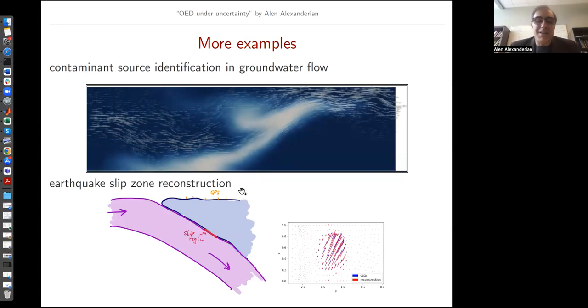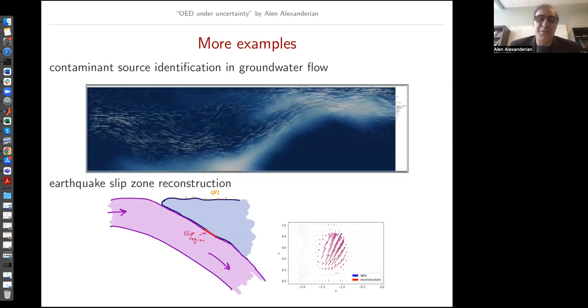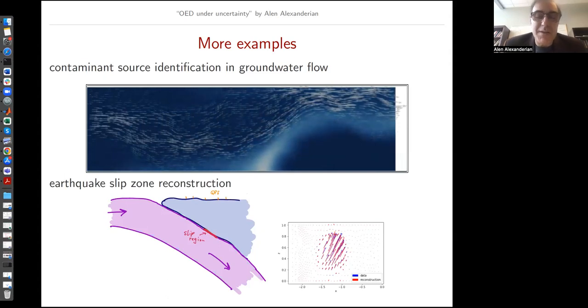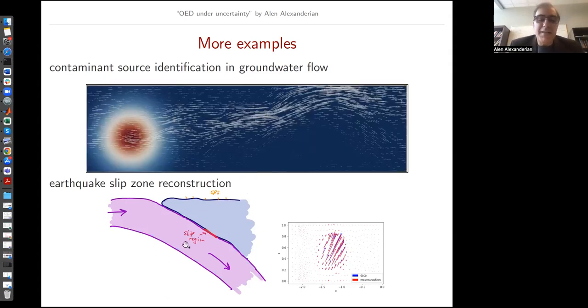Another example, again, it's good to look at some examples. I like examples. This image down there is a picture we drew of a subduction zone. That's a problem from earthquake modeling, where you look at a couple of layers of earth, and when a slip occurs, roughly speaking, an earthquake will happen.